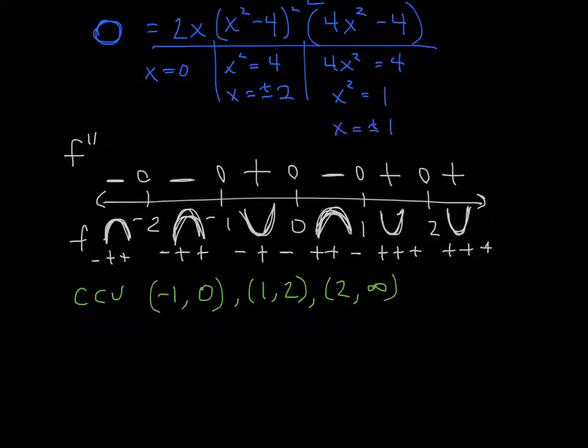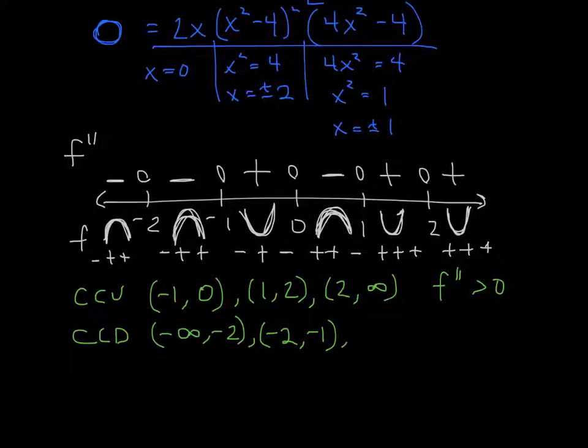And the reason is because the second derivative is greater than 0. It's positive. I am concave down from negative infinity to negative 2, from negative 2 to negative 1, and from 0 to 1. And that would be because the second derivative is less than 0.